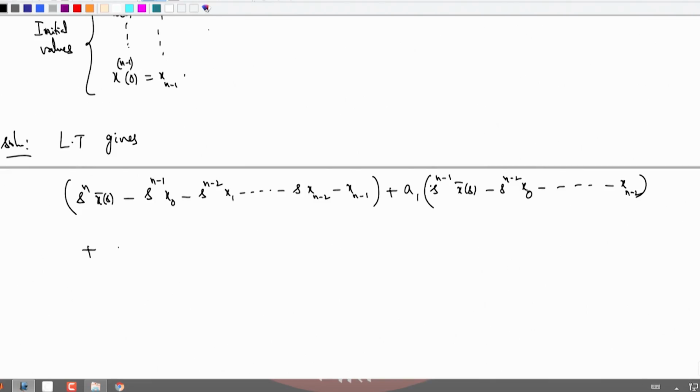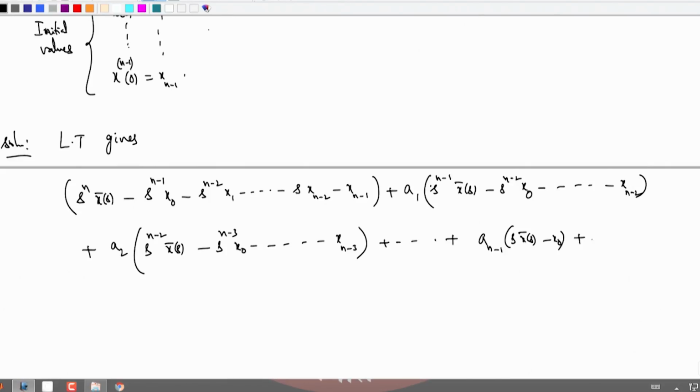You get a 2 times again s power n minus 2 times x bar of s minus s power n minus 3 x naught minus and so on, finally getting x n minus 3. You get finally a n minus 1 times the one derivative, that is s x bar of s minus x naught, plus the last term, a n x bar of s. The right hand side is phi bar of s, because of phi of t.